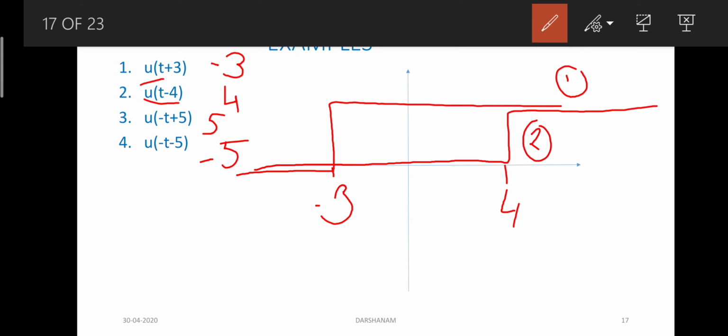Let's consider the third case, that is u of minus t plus 5. Here the discontinuity is at 5, and the coefficient of t is negative. So it will be a downward moving step. Before 5, the value will be 1, and after 5, the value will be 0.